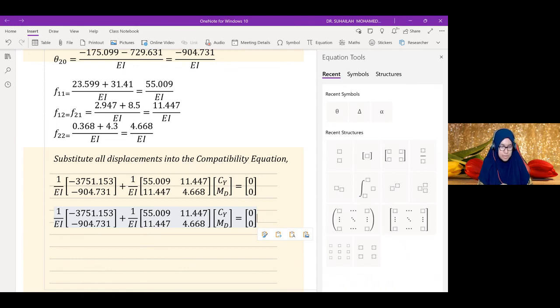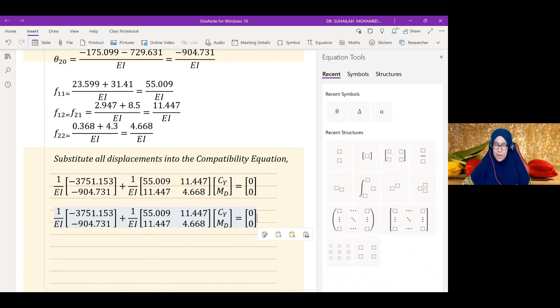So use equation to unknown, it is 55.009, 11.447, 3751.153, 11.447, 4.668, and 904.731.